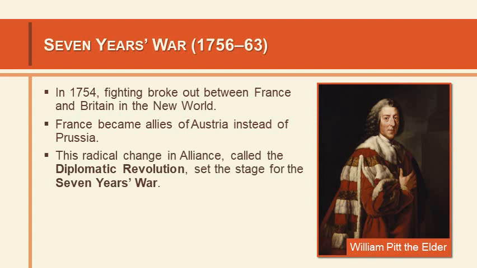Now the Austrians are joined with France, and so this is called the Diplomatic Revolution, and it leads us into the 7 Years' War that starts in 1756.